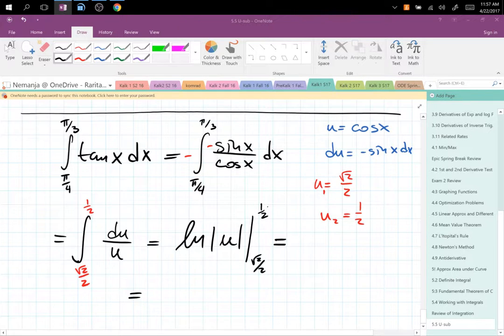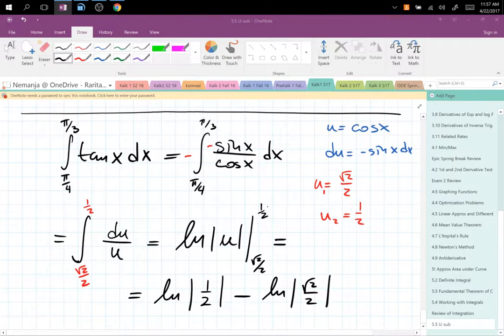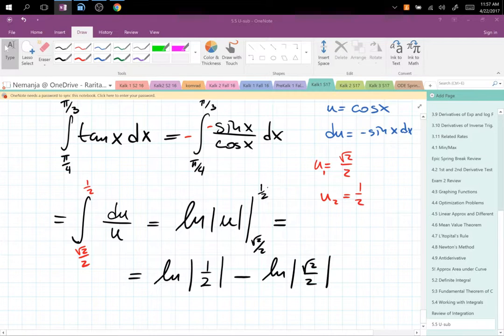It's the log, the natural log of the absolute value of u. No plus c, since these are numbers, right?